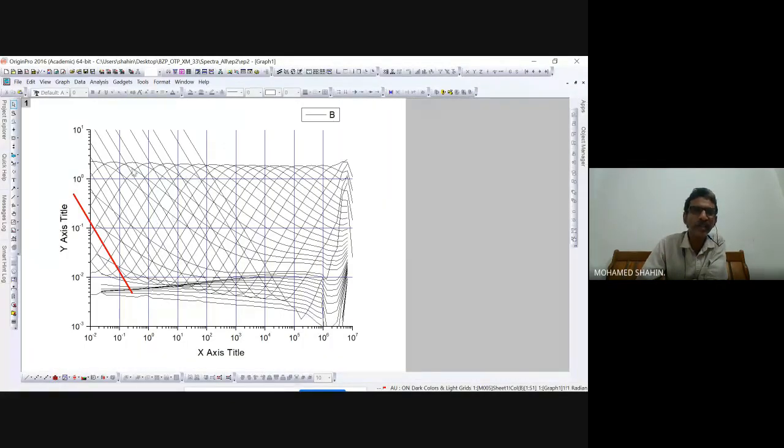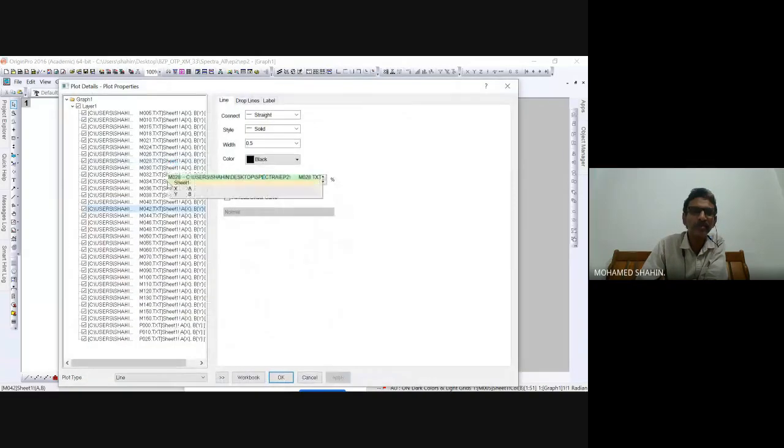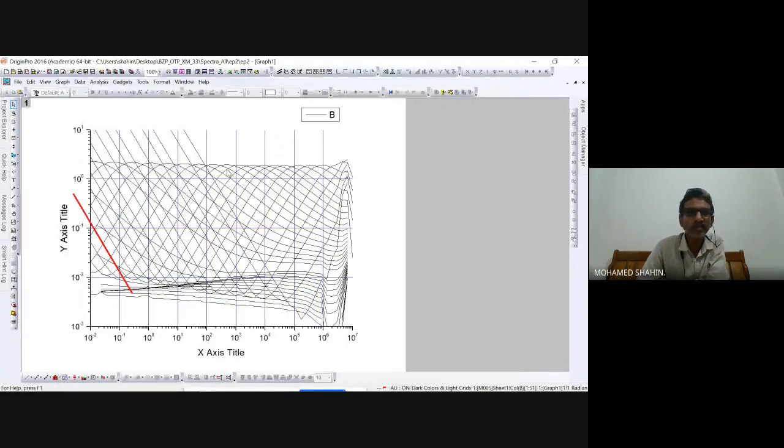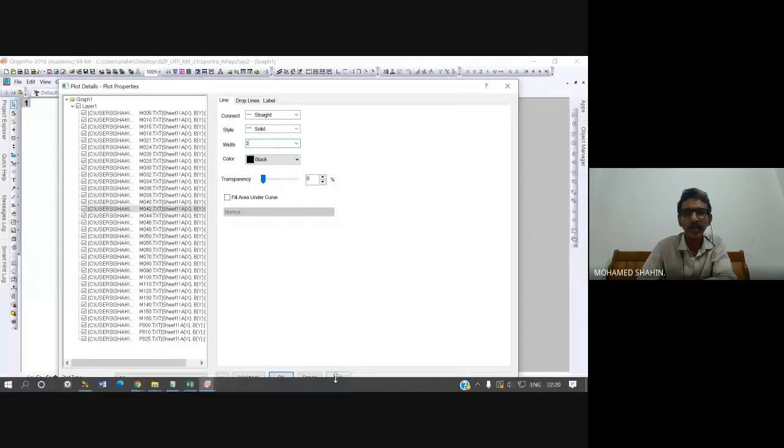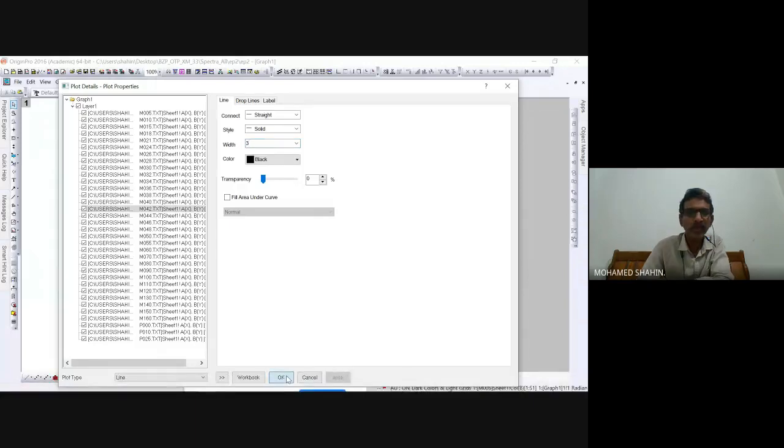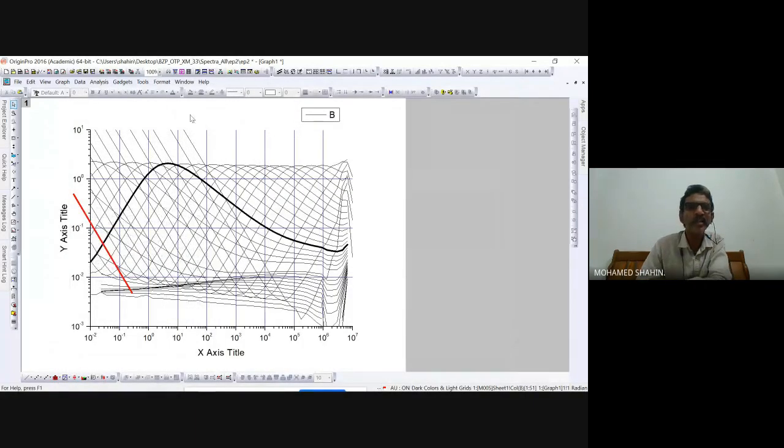Now you can see that if you take a particular temperature, let us say -42, and what about this? I put it as 3, apply, okay. -3 has a peak around, -42 has a peak.